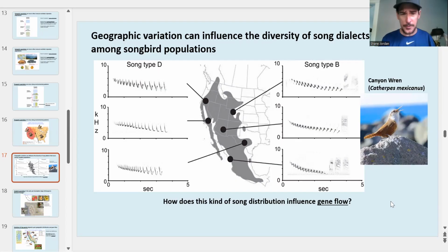And so this is one way that we can see maybe the distribution of songs influencing gene flow in such a way that it's driving reproductive isolation, and perhaps these wrens could divide into separate subspecies, separate subpopulations. Ultimately, maybe if the reproductive isolation is strong enough, they would diverge into 2 separate species.